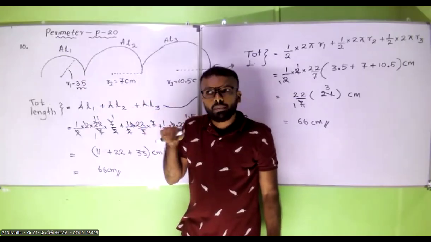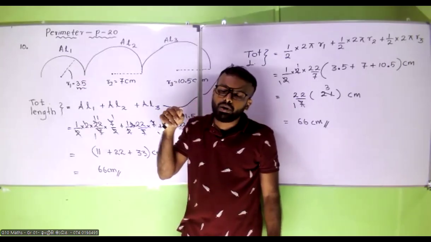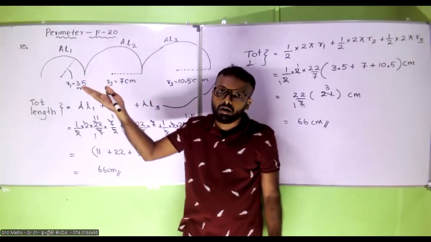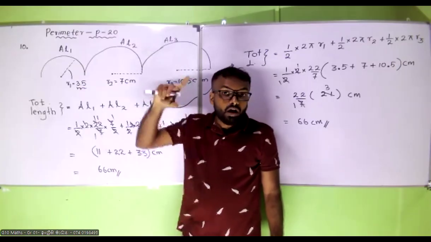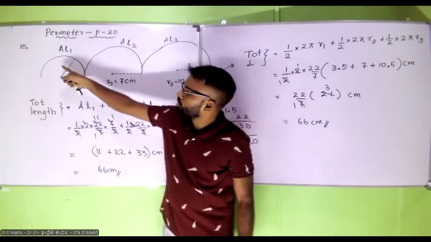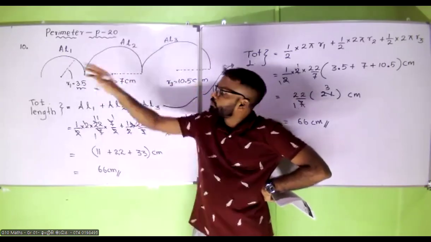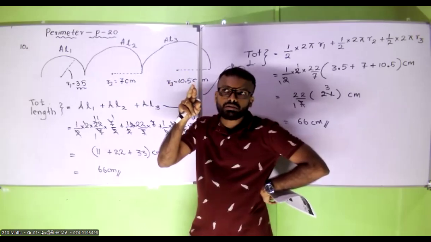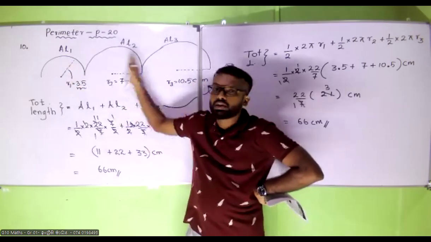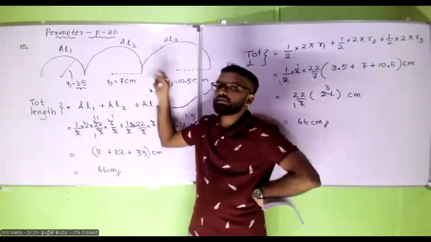So how am I going to find the arc length? By using the formula theta divided by 360 into 2 pi r. Theta divided by 360 means portion of the circle. Portion of the circle is half, a constant for all three. And 2 pi is again constant for all three. Only the radius is changing.